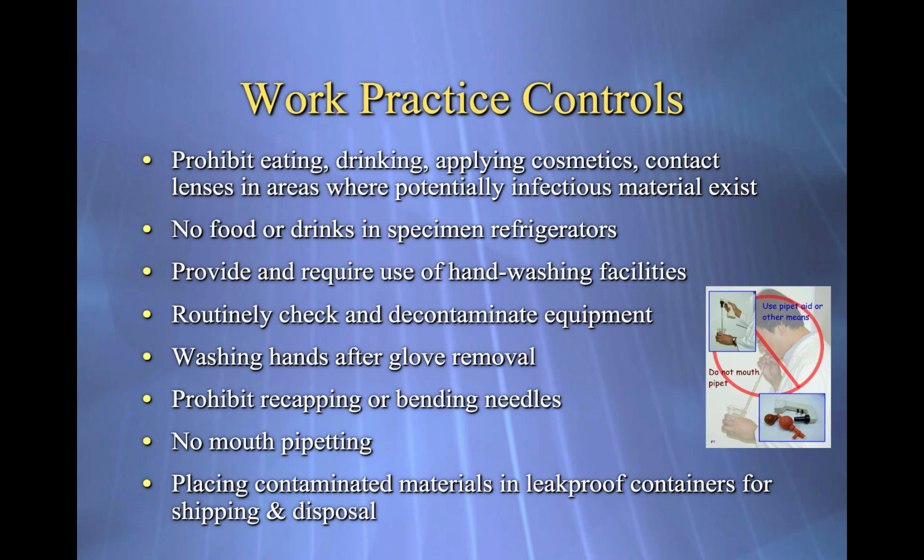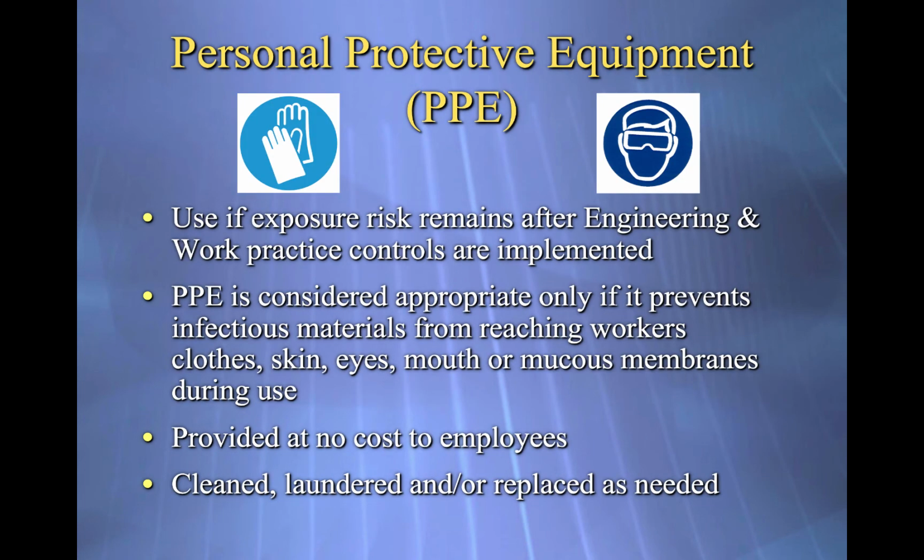So OSHA looks at it this way: we're going to make some general requirements, universal precautions. We're going to have some engineering controls to further limit exposure. We're going to ask people to do certain things, work practice controls within the laboratory, to further reduce the risk of any biohazard contamination. PPE. So you use PPE if exposure risk remains after the engineering and work practice controls are implemented.